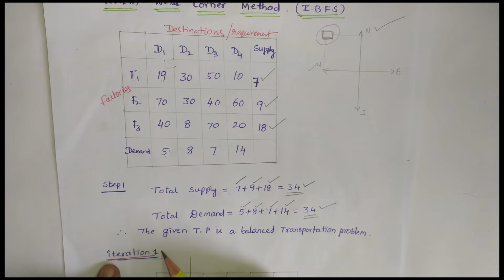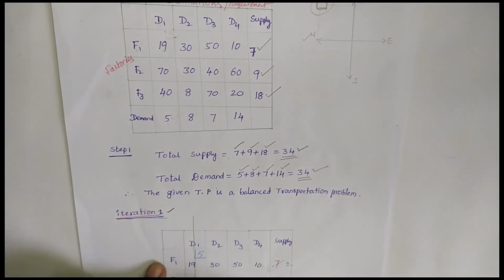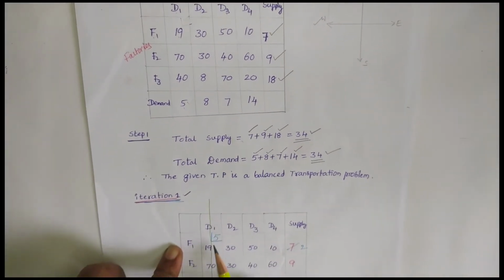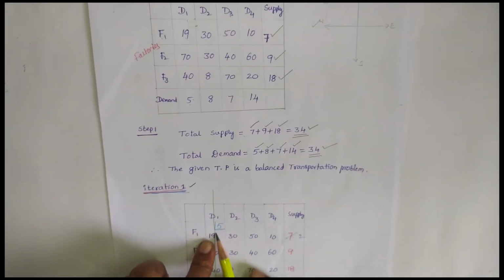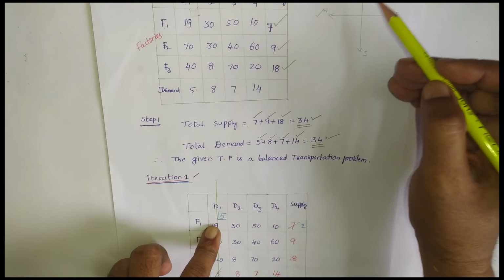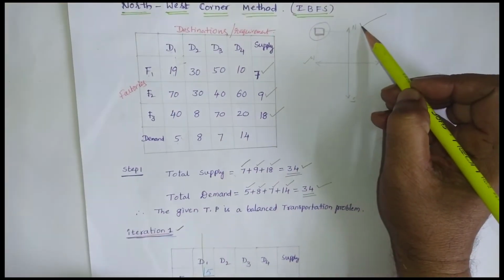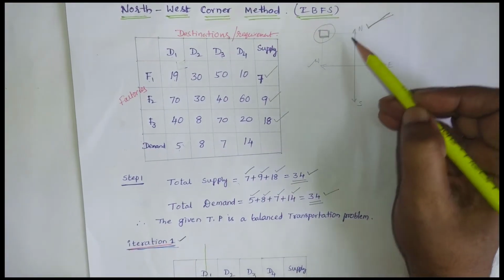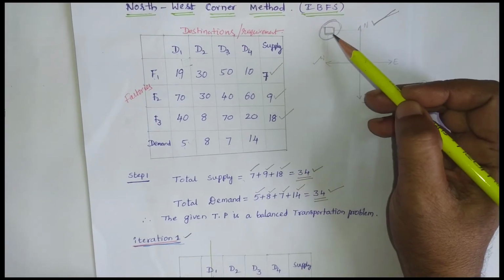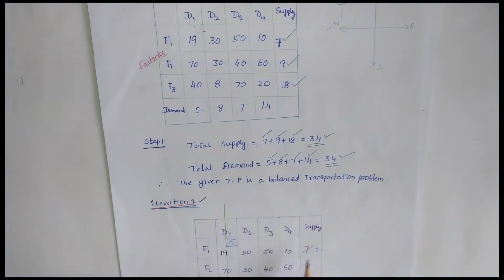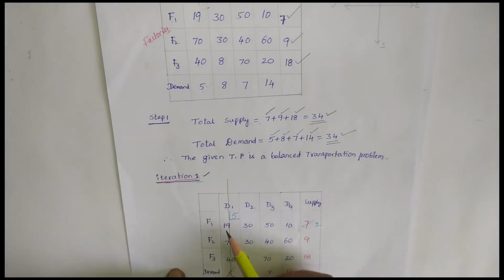Iteration 1. In the northwest corner method, always consider the northwest corner. According to direction, this is the north, this is the west, so this is the northwest corner. In this table, always consider the northwest corner.